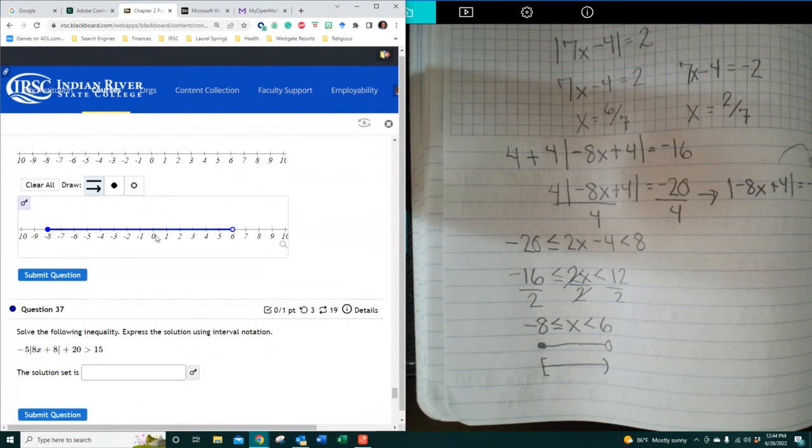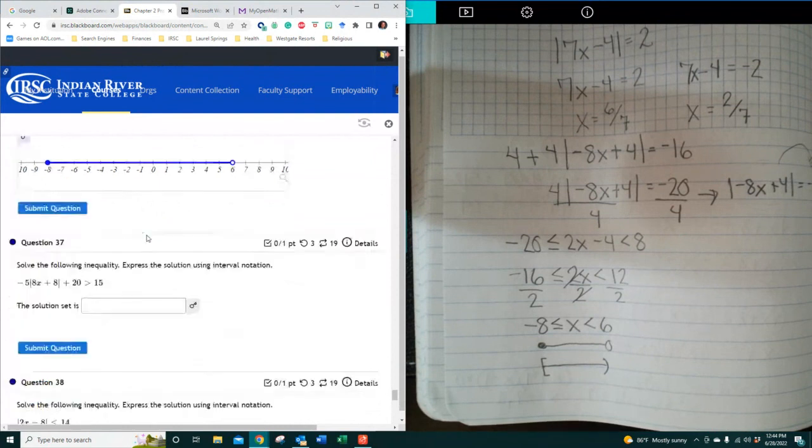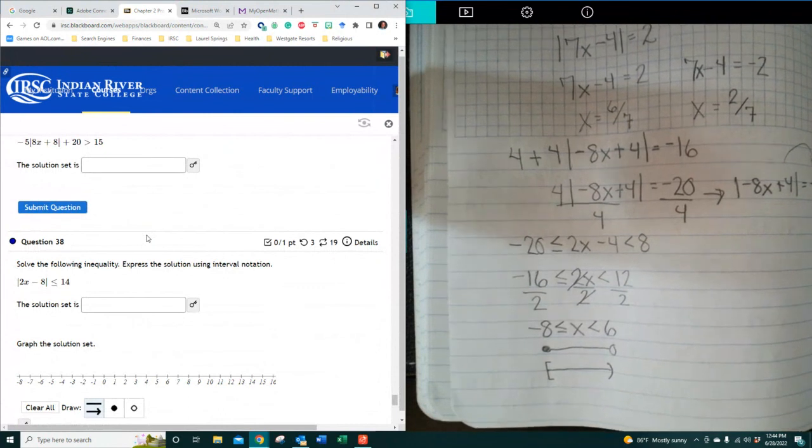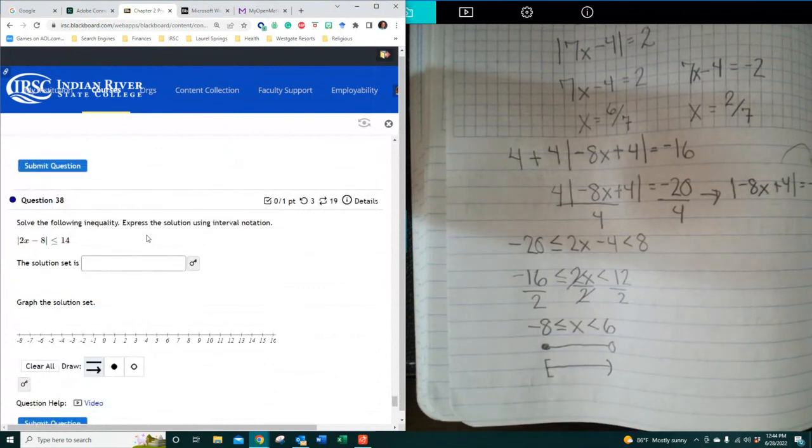By the way, let's go ahead and show the answer for that. All right, now the final and last question that we're going to look at is question number 38.